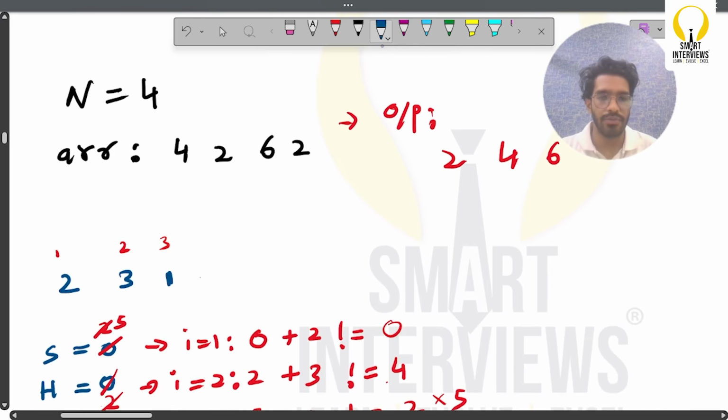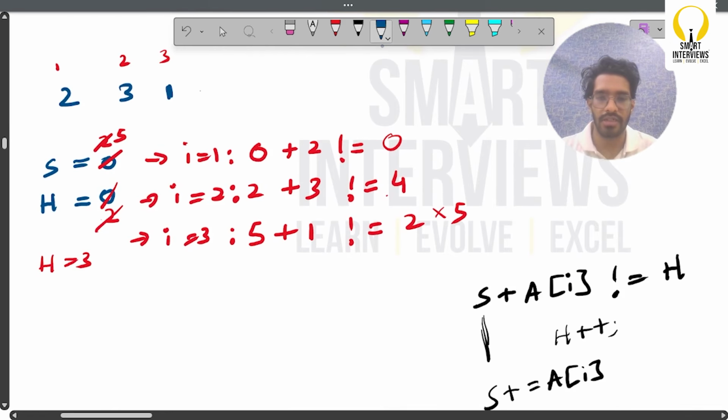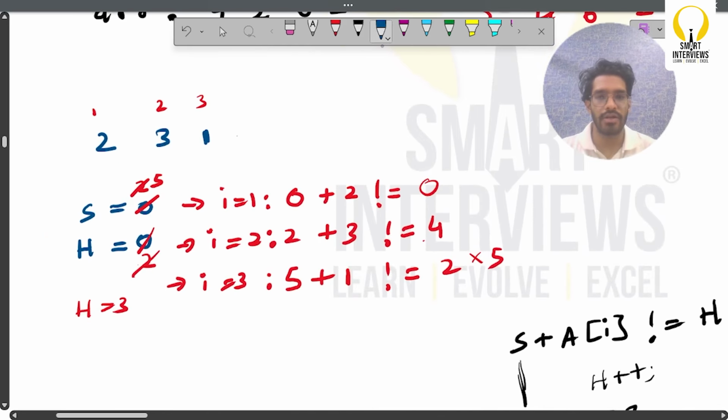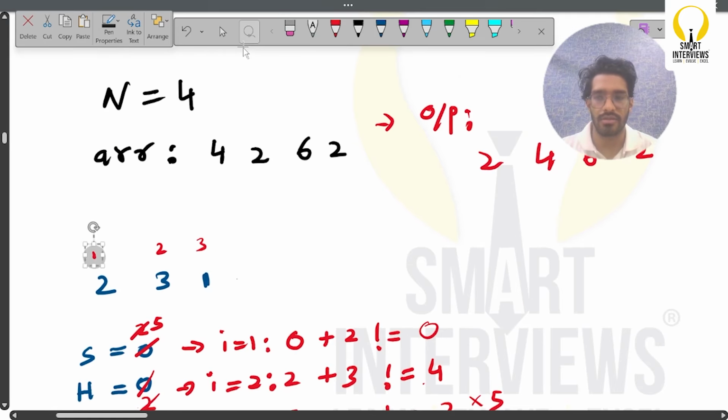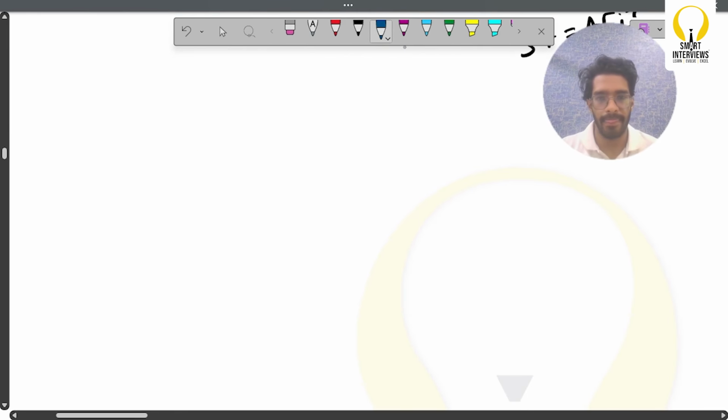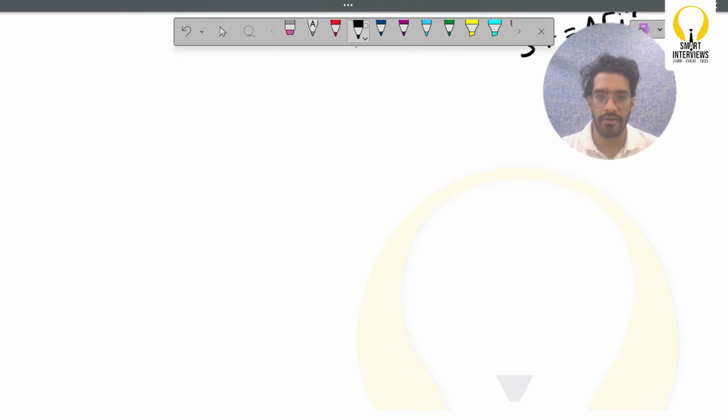can you guys try to perform the same kind of operation here and figure out what is the happiness value that you're getting here? So if I try to perform the same thing here, for this you have 2, 4, 6, 2. The output is 2, 4, 6, 2. So let's figure out the happiness value for this.